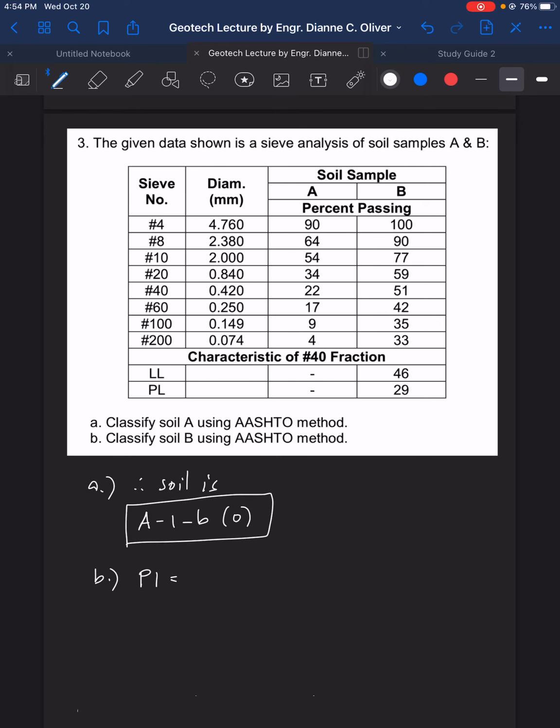PI is equal to LL minus PL. LL is 46 minus 29, and that is equal to 17. Yeah, 17. So, PI is 17. Okay?